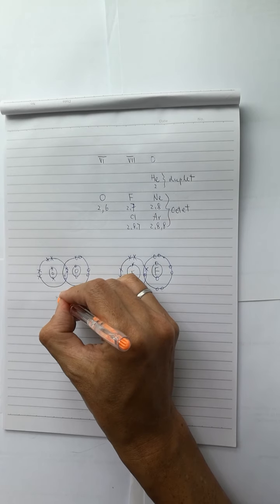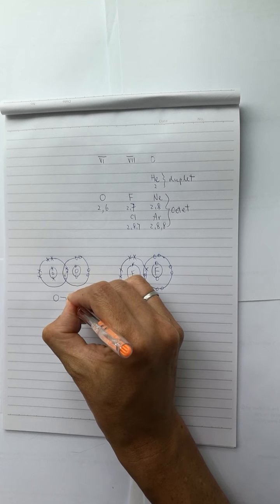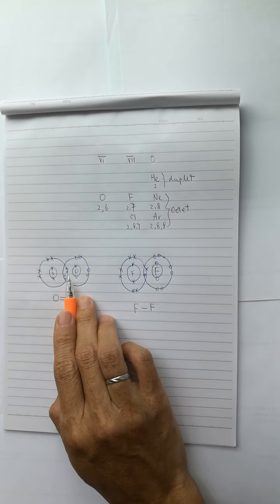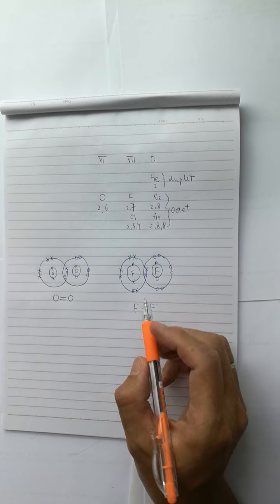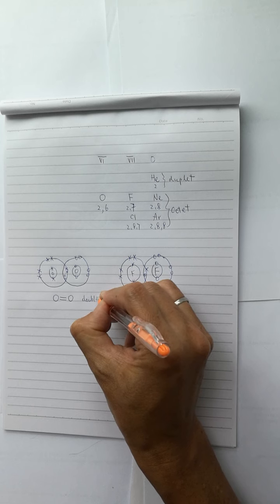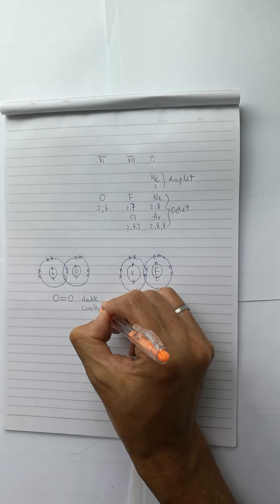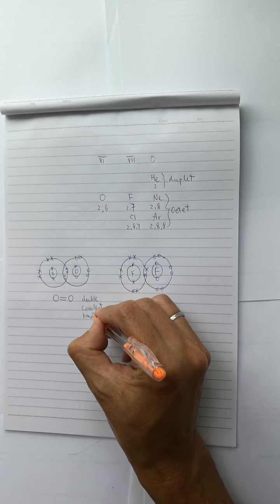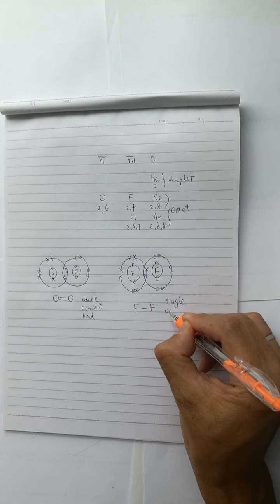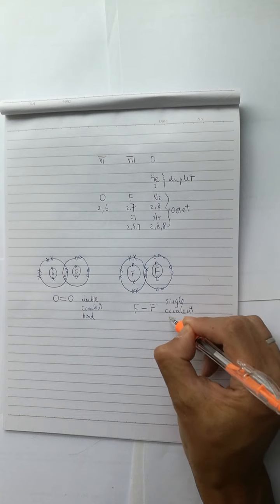So in this case, you can use a double straight line to represent the bonds, and it is called a double covalent bond. While in the fluorine, it is called a single covalent bond.